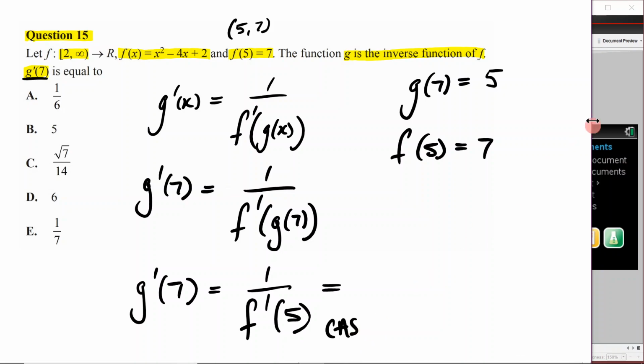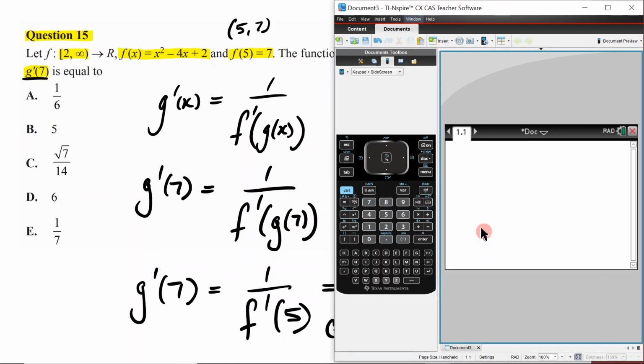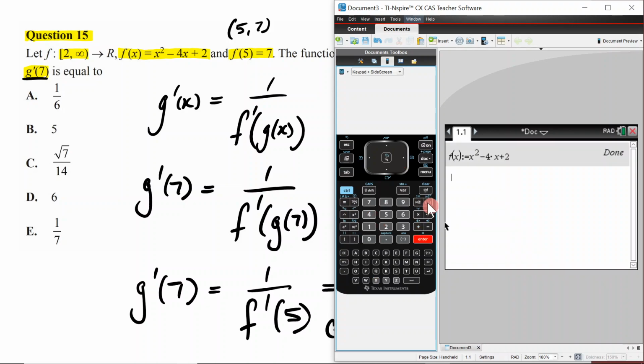All right, so we're now going to come to our CAS. I'm just going to begin by defining what my function is. So f of x is equal to x squared minus 4x plus 2, like that.